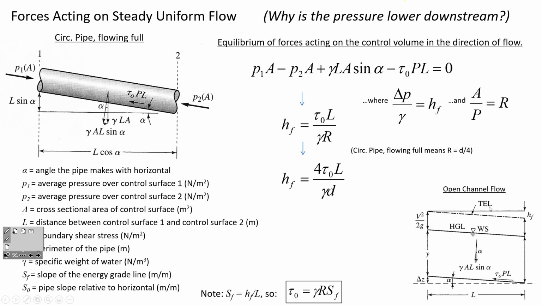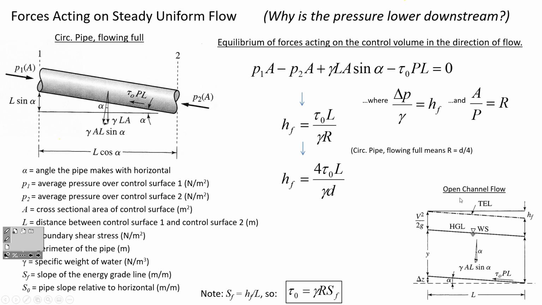Just different texts have different definitions, but it means the same thing. It's the elevation, the velocity head, and there's this imaginary line that's representing the amount of energy that's in the water. But we have the same thing where there's a shear stress, a resistance to flow movement here, and you can see the shear stress is in the opposite direction of the water that's moving from the left towards the right.